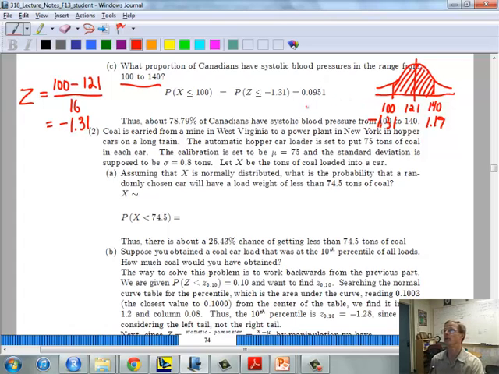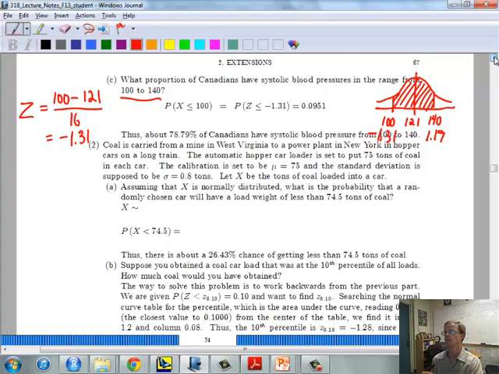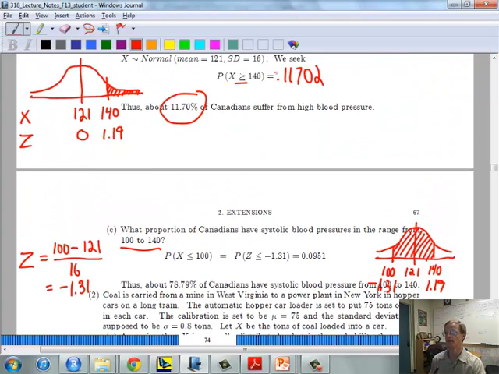So to get that region, we're going to have to subtract. We've got this 1.19. That one gave us 11.7%.